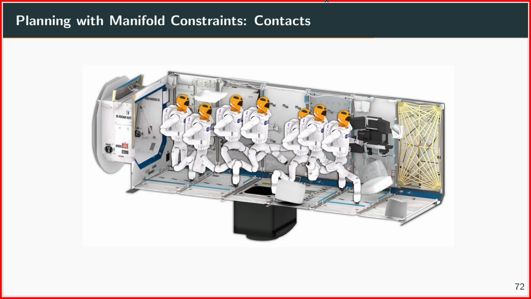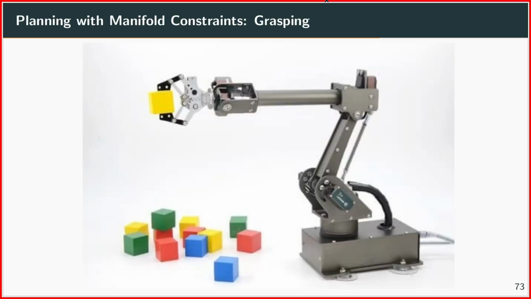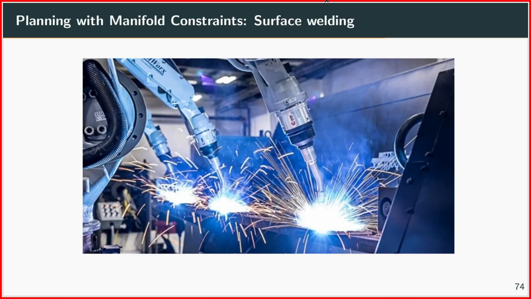Examples are, for example, where robots need to make contact with the environment to traverse an environment, where you make, for example, contacts by grasping something, or, for example, where you have to stay with your end effector exactly on a surface, for example, when you want to weld something, when you want to paint something, when you want to wipe something.